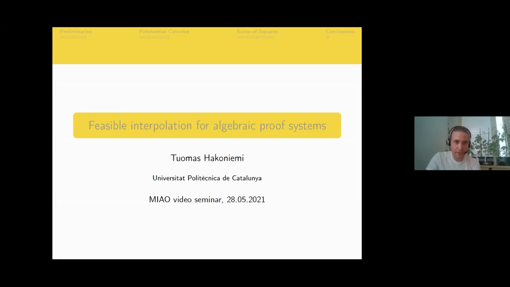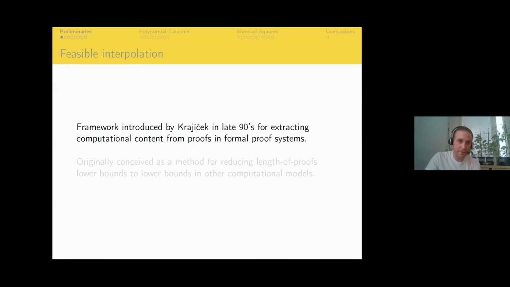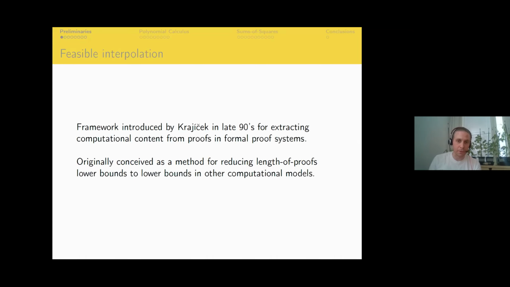Basically, feasible interpolation is a quite general framework introduced by Krajicek in the late 90s for extracting computational content out of proofs. Originally it was conceived as a method for reducing length of proofs lower bounds to lower bounds in other computational models.